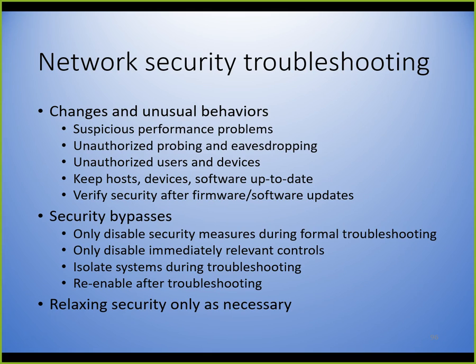Forgot the last thing, re-enable after it gets done. And you get busy and you forget to do things just like you do any day of the week. But these are things, checklists, you need to be sure that those happen. And relax the security only when it's necessary, and that's generally going to be for troubleshooting.